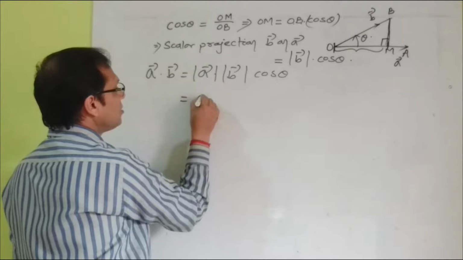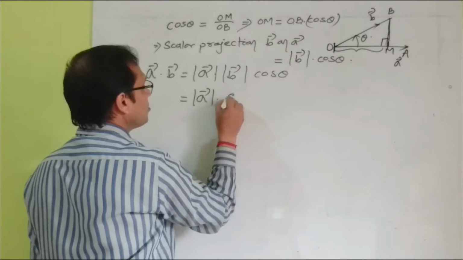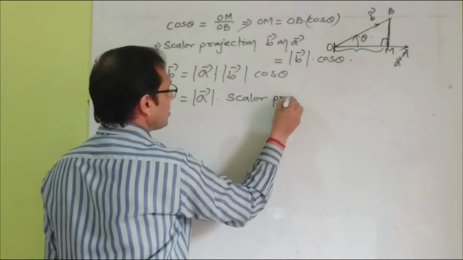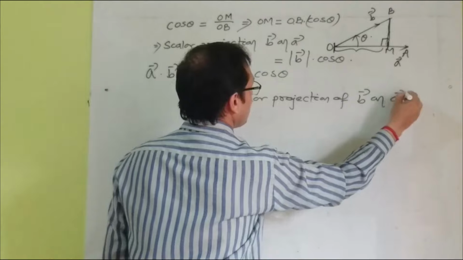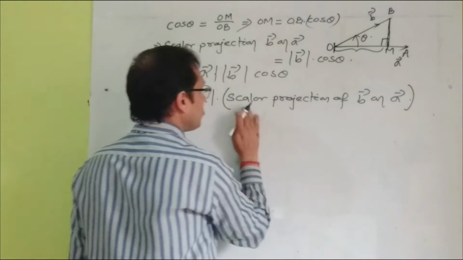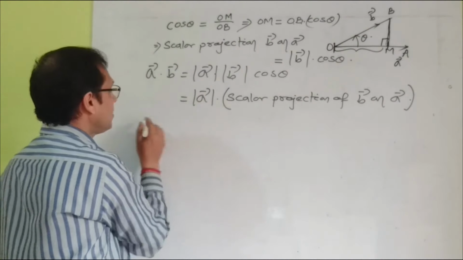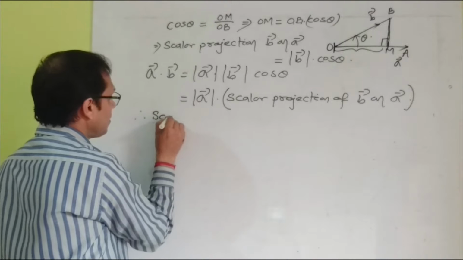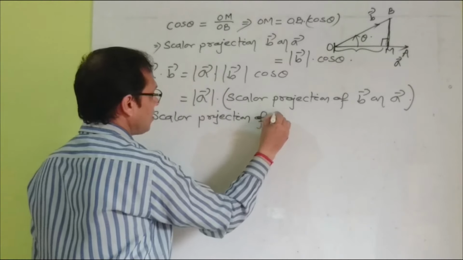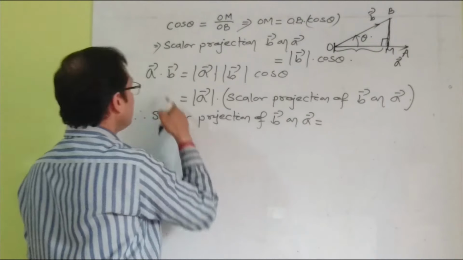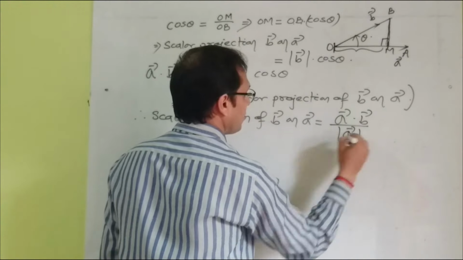So the scalar projection of B on A is equal to A dot B divided by the magnitude of A. Hence, the scalar projection of B vector on A vector is equal to A dot B by A vector magnitude.